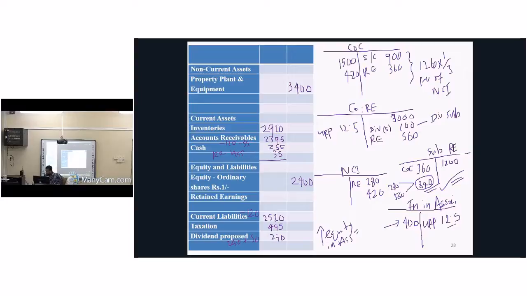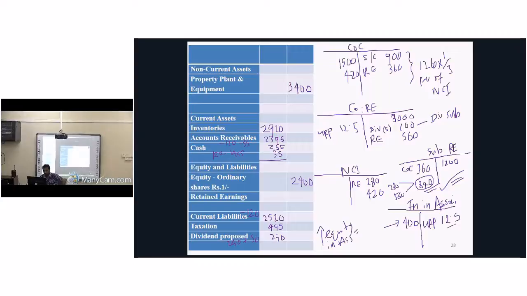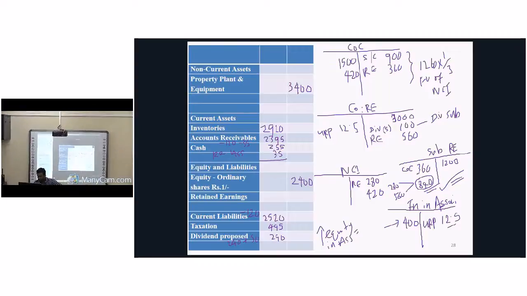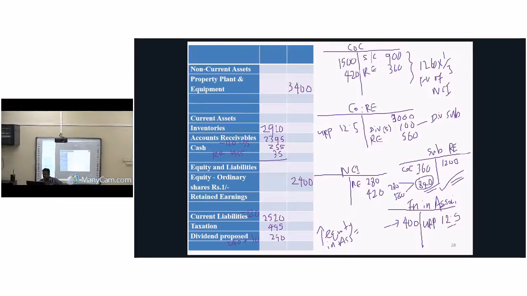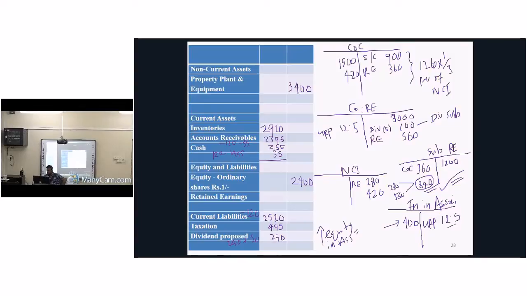You take total equity on the reporting date minus total equity at the date of acquisition of the associate. Understand?